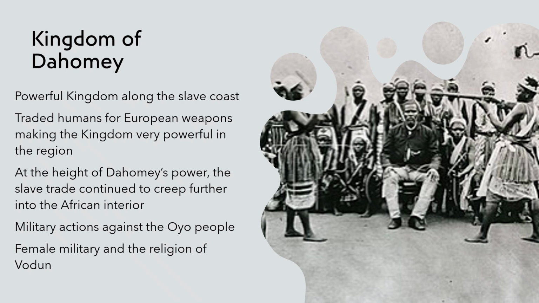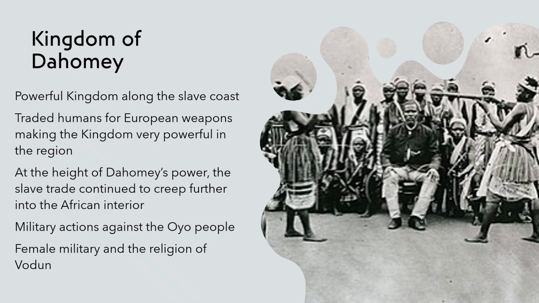At the height of this happening, the kingdom of Doheme will initiate military actions against the Oyo people. And the Oyo people, also a very powerful tribe nearby, are basically going to be absorbed into the Doheme Empire.